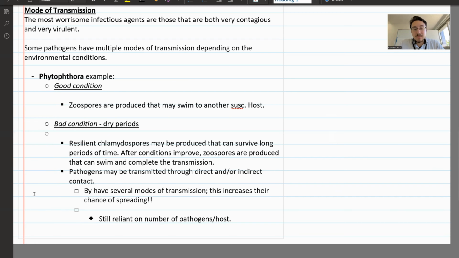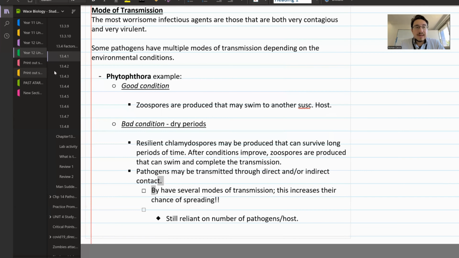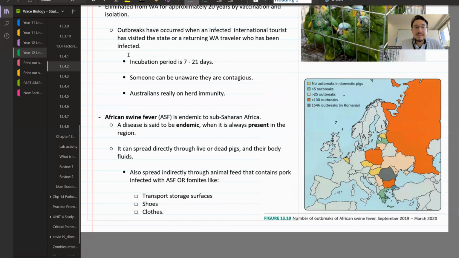If you have several modes of transmission, this will greatly increase their spread. Ultimately, though, it does rely on the number of pathogens that you have in a particular population and the number of hosts that are in a particular area. So again, they're always interplaying together.